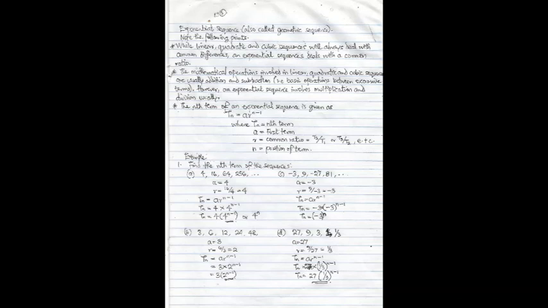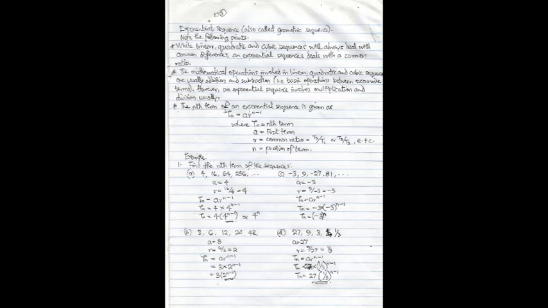Alright. Now the second thing you should note again is that the mathematical operations involved in linear, quadratic and cubic sequences are usually addition and subtraction. They do not exceed addition and subtraction usually. And that means I'm talking of the basic operations between successive terms.